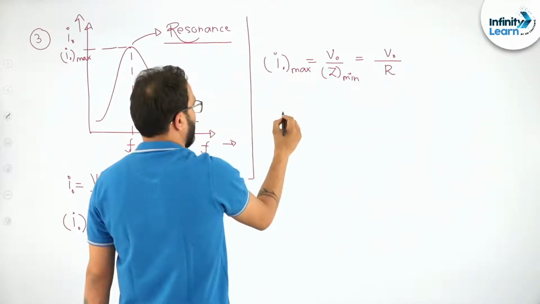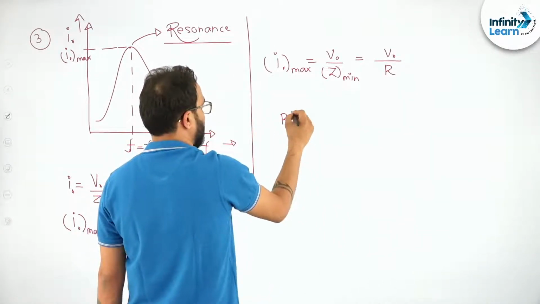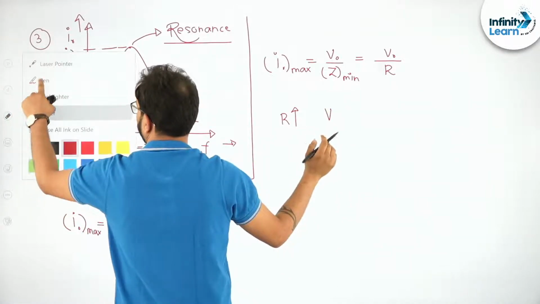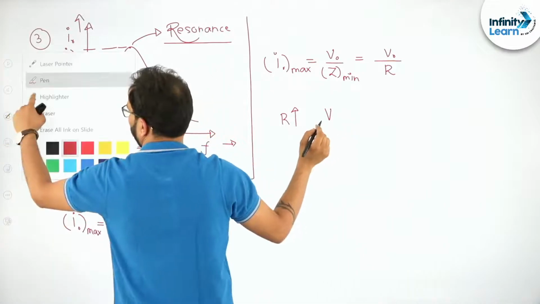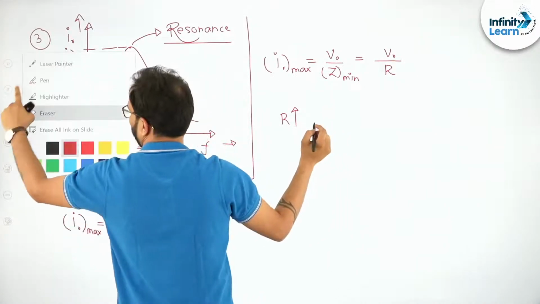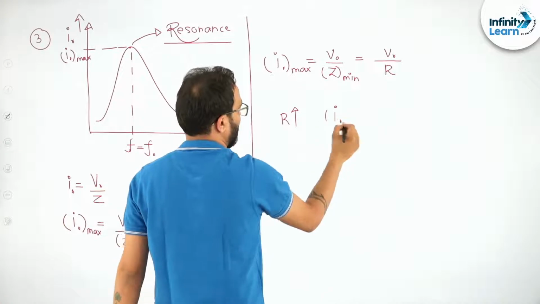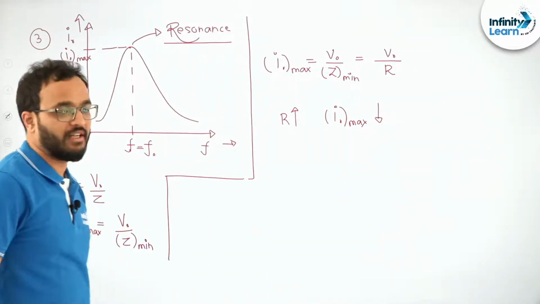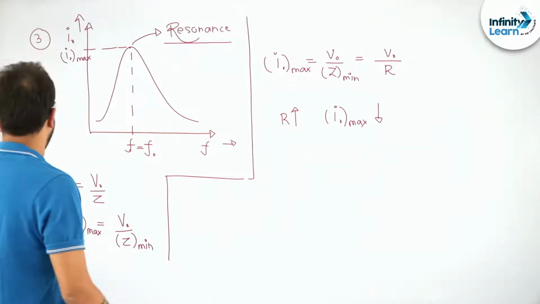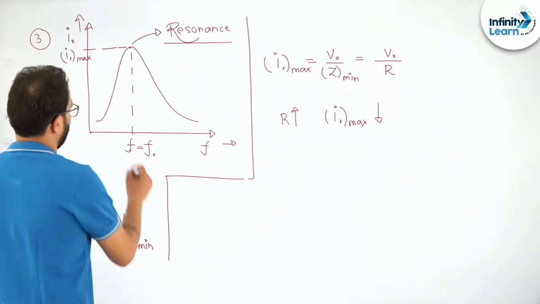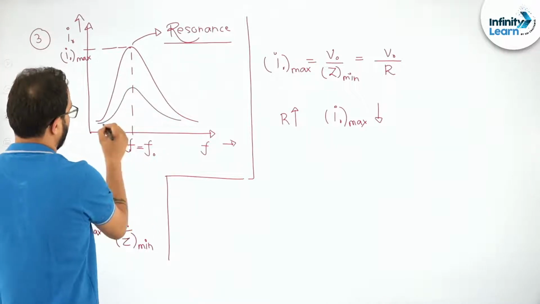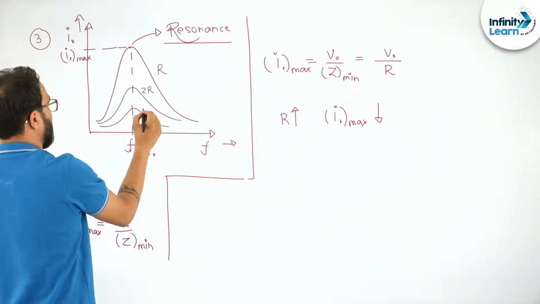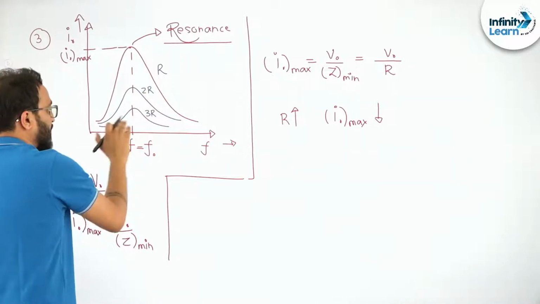So if R increases, then what will happen? The value of the I naught max, the peak value of the current, its maximum value will reduce. So we will say that if you increase R, the graph will come like this. I am just taking an example, if this is R, this is 2R, this is 3R, and so on.